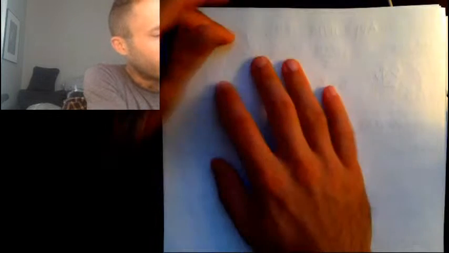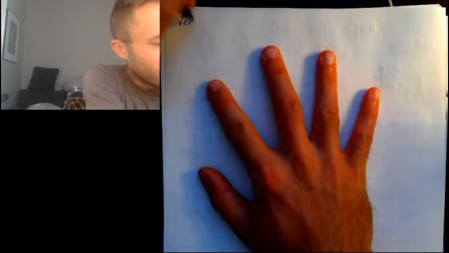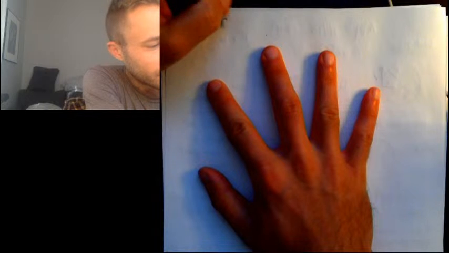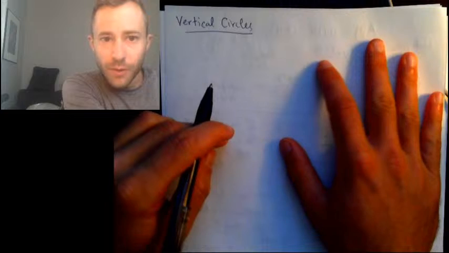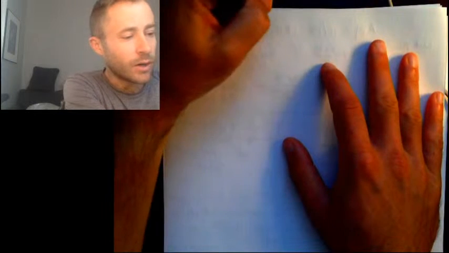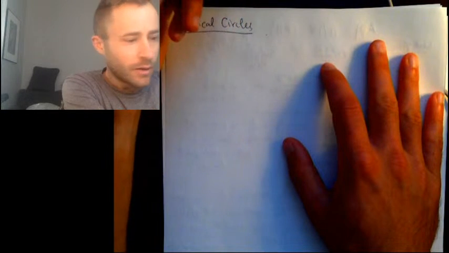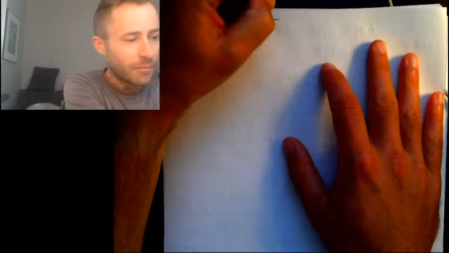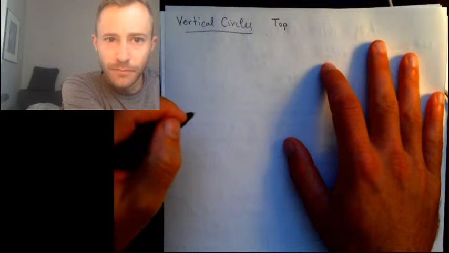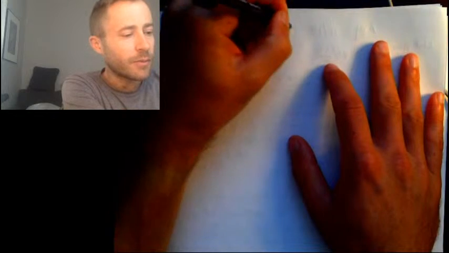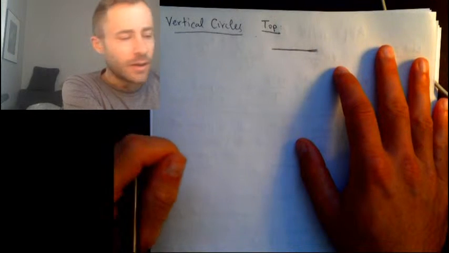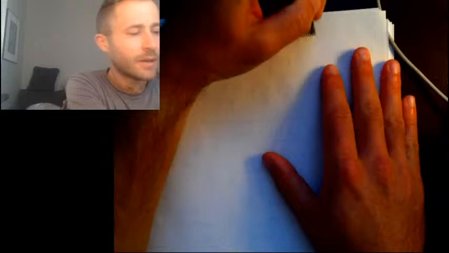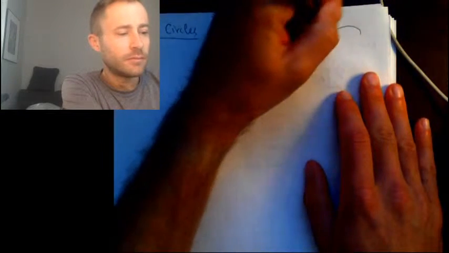Okay, so now let's talk about so-called vertical circles. A vertical circle is one where, if you look at it from the top, all you see is the circle edge on because it's vertical. If you look at it from the side, you see the circle.